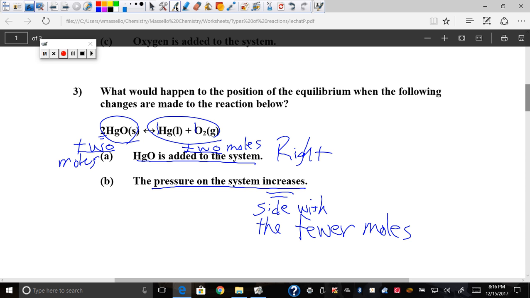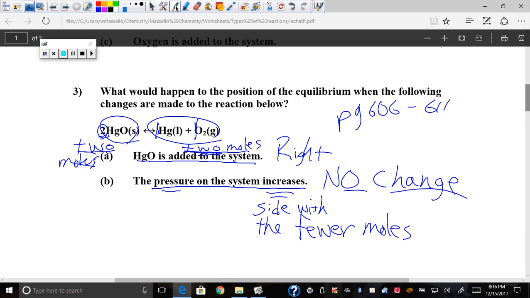And the answer for this particular problem is no change, because it can't go to the side with 2 moles if there are 2 moles on the other side. If there are 2 moles on this side, and there are 1 plus 1, 2 moles on this side, then it can't go to the side with 2 moles. No change. Okay?